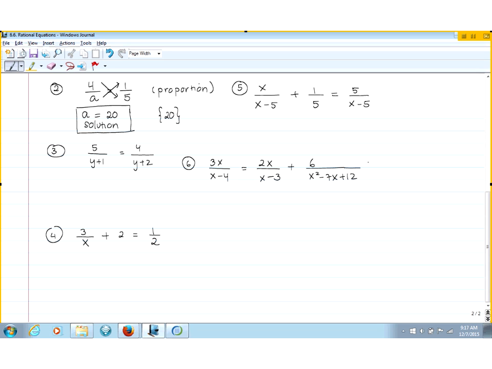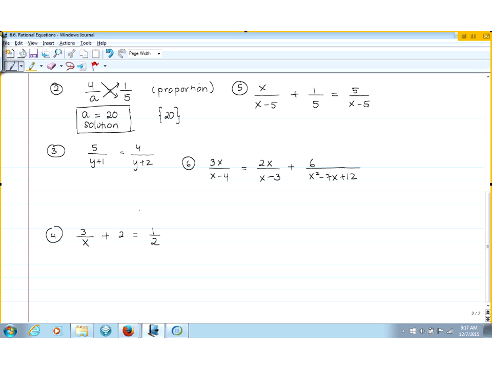All right, so number 3, is it a proportion? Yes or no? Yes. So you could cross multiply. How about number 4? Is it a proportion?